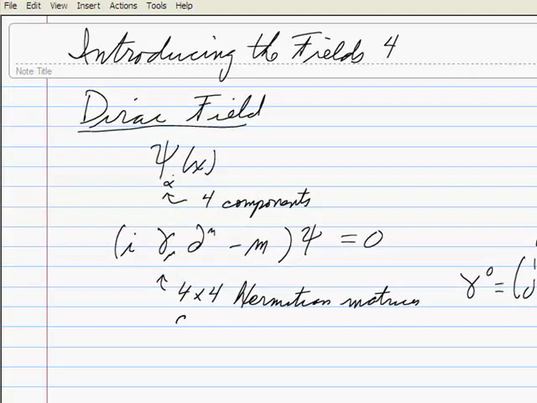And these satisfy anti-commutation relations. The anti-commutator of gamma mu and gamma nu is 2 g mu nu.